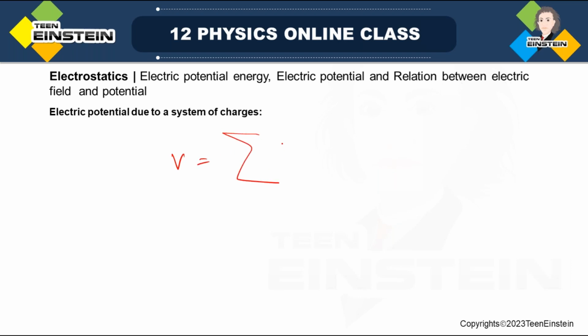It is the summation over Qi by Ri, with 1 by 4 pi epsilon 0 common.